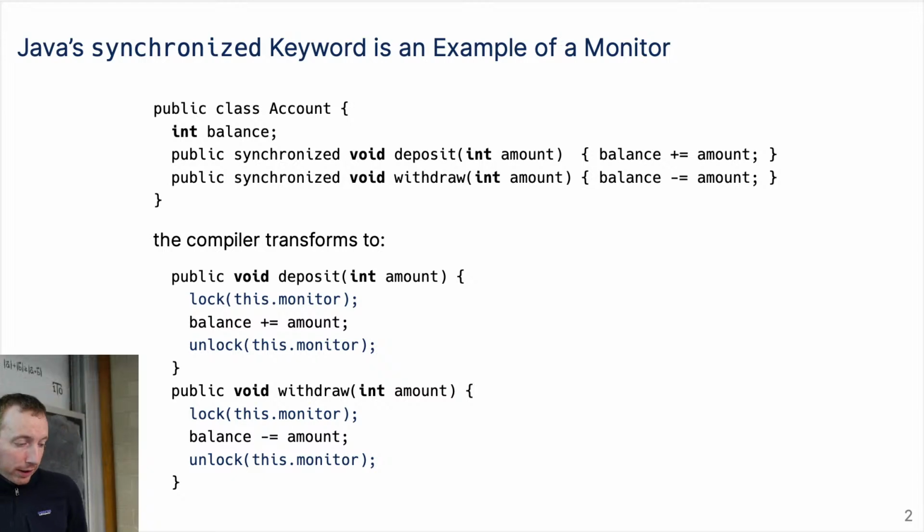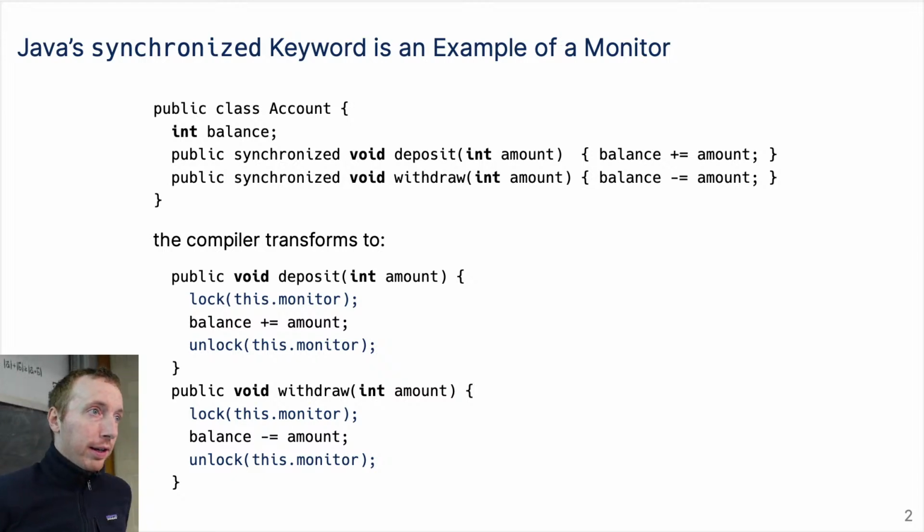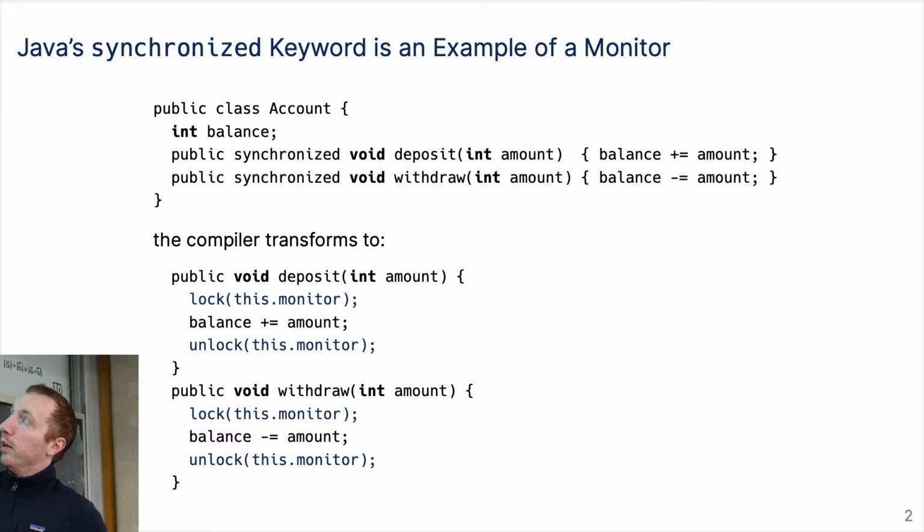In Java, it's called the synchronized keyword, and that's the example of a monitor. You could have a class that represents a bank account, and then you have a balance which might be modified between different threads. You would say that the deposit and withdrawal methods are both synchronized so that you don't have any data races on your balance amount. It would transform that code at the top there.